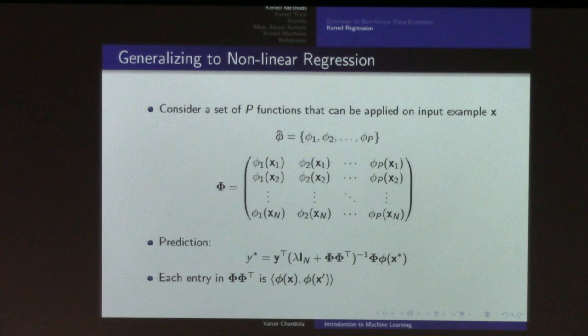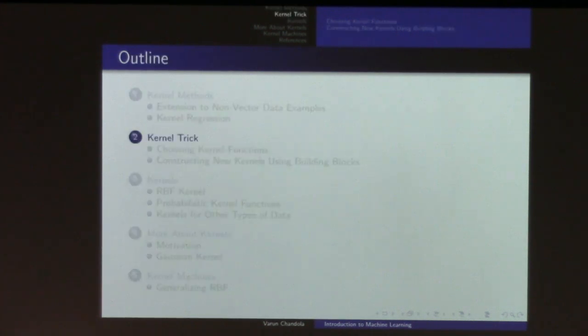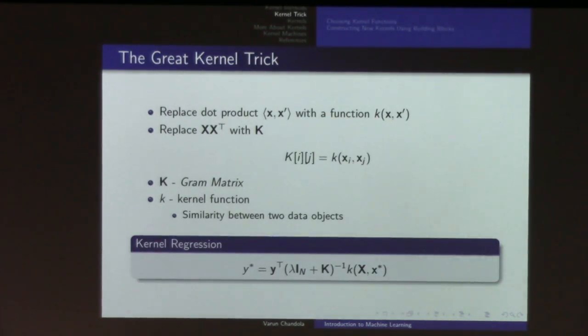Each data object was in this d-dimensional space, and then you mapped it into a p-dimensional space, and then you computed the similarity function between each pair. Kernel methods say, let's skip the step where you explicitly map them into a new space. How about we directly apply a function that computes the similarity?